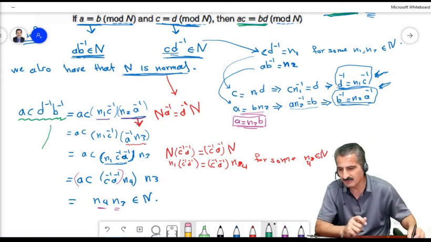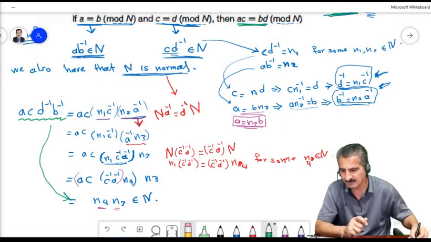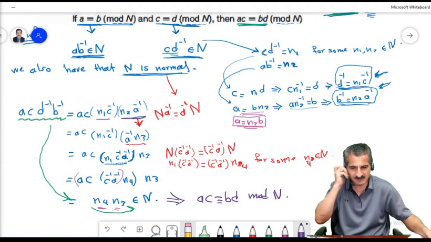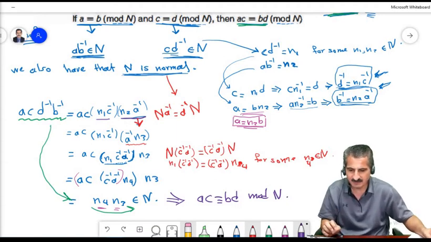Then we found that this equals this, and so it belongs to N, and therefore we are done, because this implies that AC equals BD modulo N. So it is fun to play with these things, and remember to use the normality the way we used it.